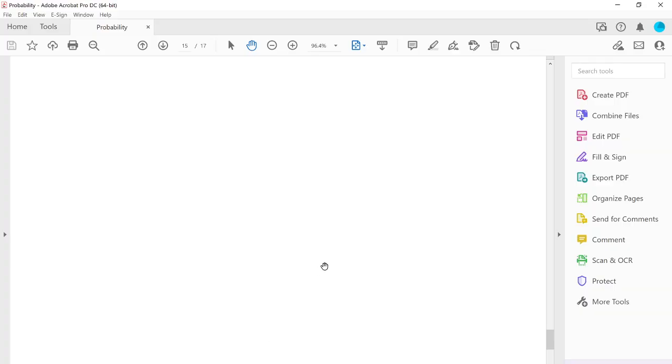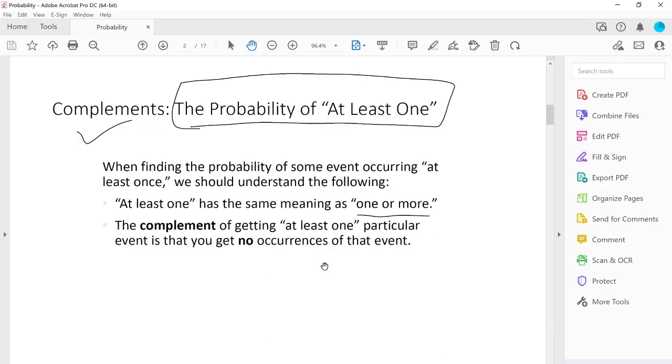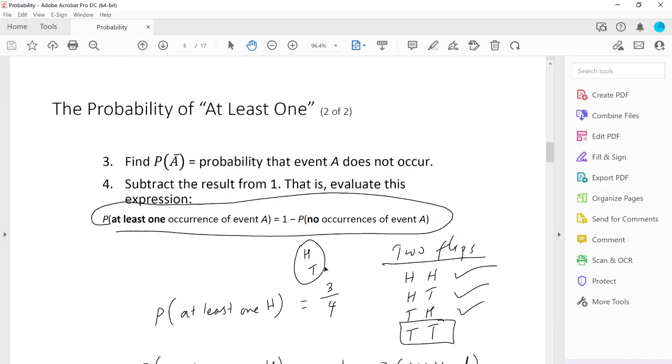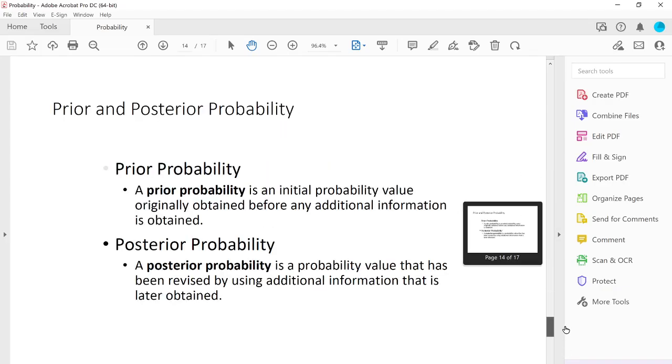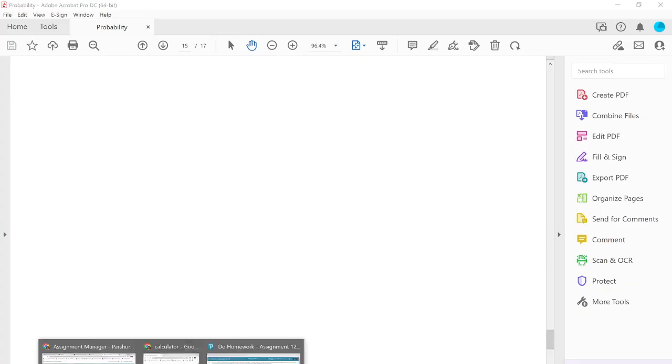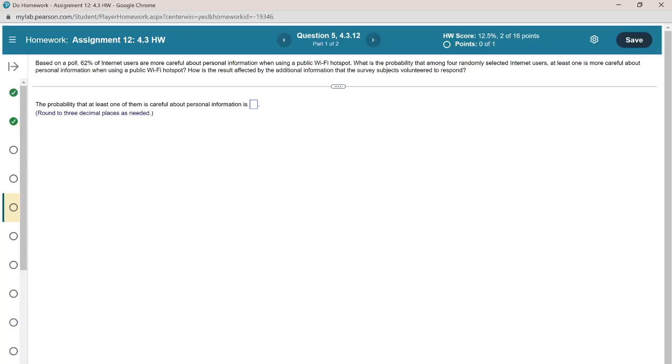If you go back to our "at least" rule, here is the thing. For finding the probability of at least one occurrence of an event, we can use its complement: 1 minus the probability of no occurrence of that kind of event. In our case, there are four Wi-Fi users we are taking.